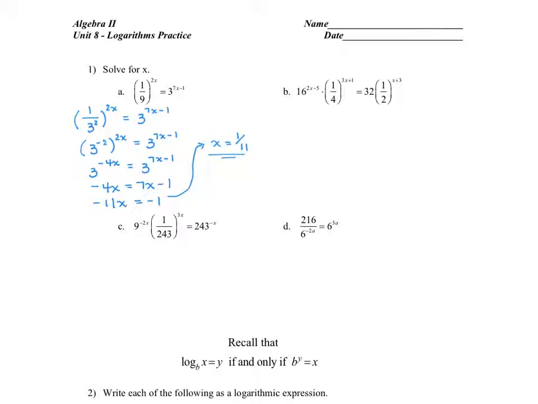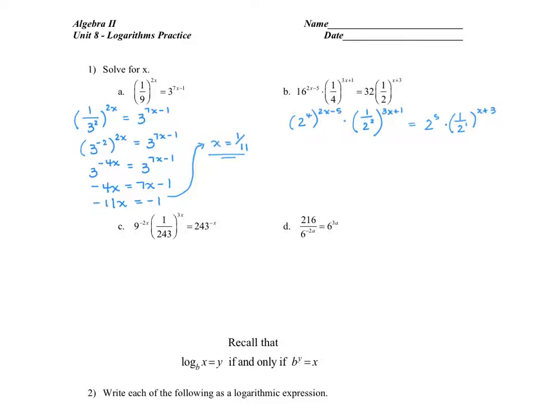In the next problem, we need to find a common base between 16, 4, 32, and 2. So I'm going to use a common base of 2, and 16 is 2 to the 4th, still to the 2x minus 5. 1/4 I can rewrite as 1 over 2 squared, still to the 3x plus 1. 32 is 2 to the 5th times 1 over 2 to the 1st, still to the x plus 3.